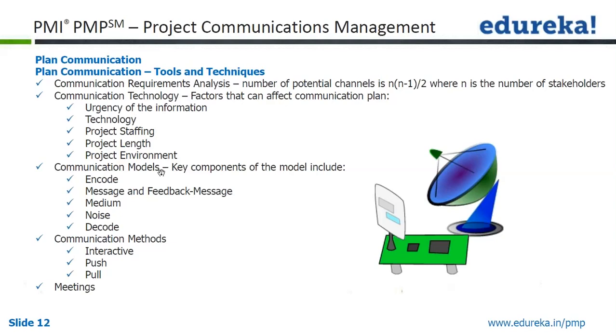Communication model. So the key components of the model. Communication model is essentially between two individuals, one who transmits the message, the other who receives the message. Between them, essentially encoding happens. Let's take the example of you folks as recipients and myself as a transmitter.